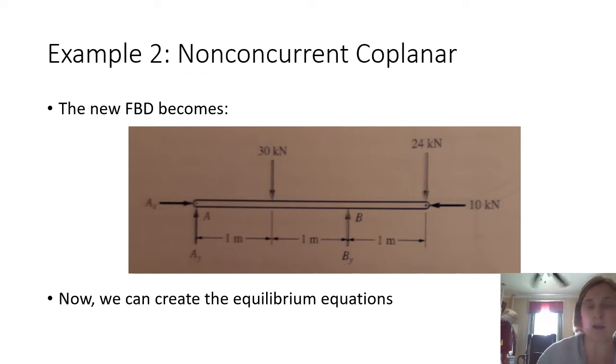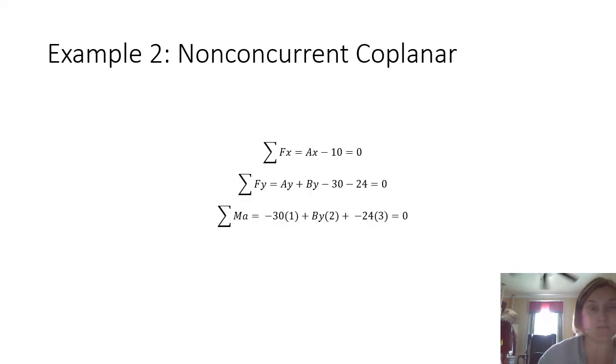If you go back to the other slide, the free body diagram looks really complicated. We always simplify it here, that way we know what we have. So we've got this simplified load, we've got the resolved load over here, and then we've got our unknowns. So we've got 3 unknowns here. So now we can create the equilibrium equations that we need.